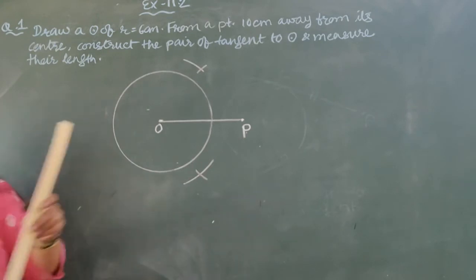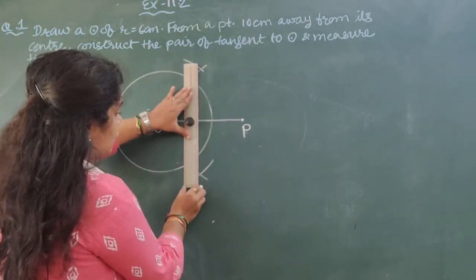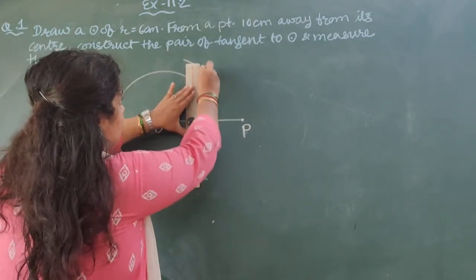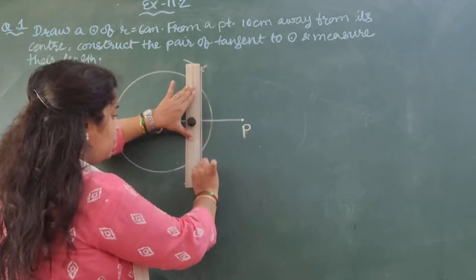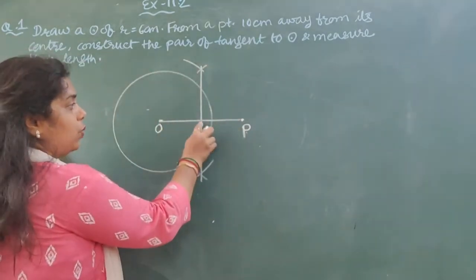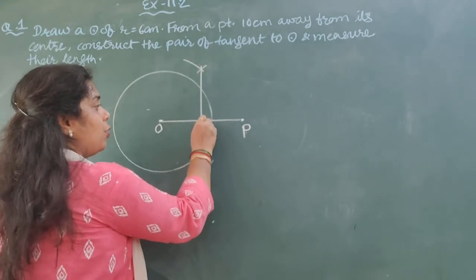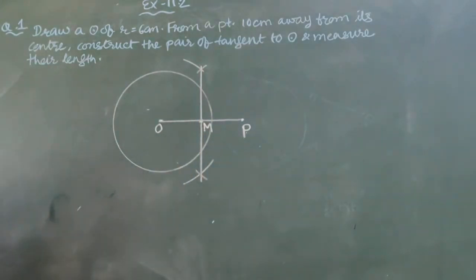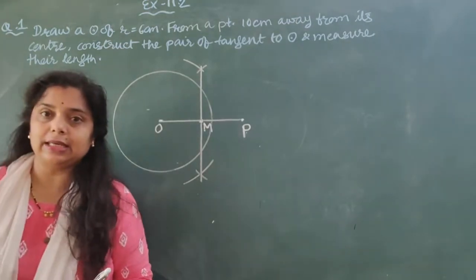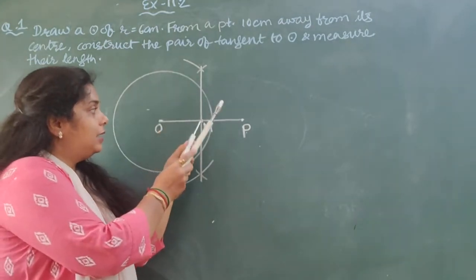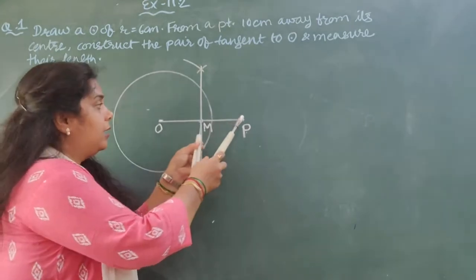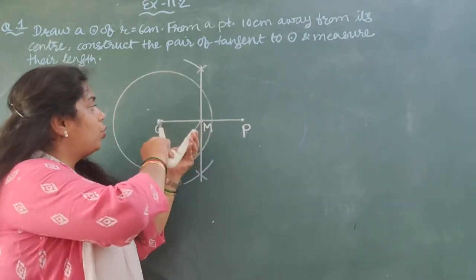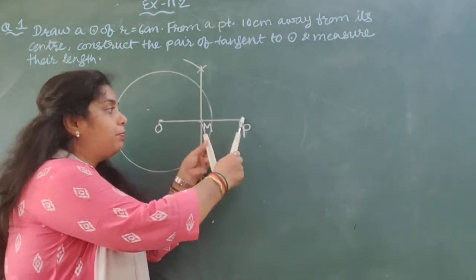Now, join the intersection points of the arcs. So it will intersect OP at one point, and this is the point M. Now, next thing is with center M and radius OM or MO or MP.